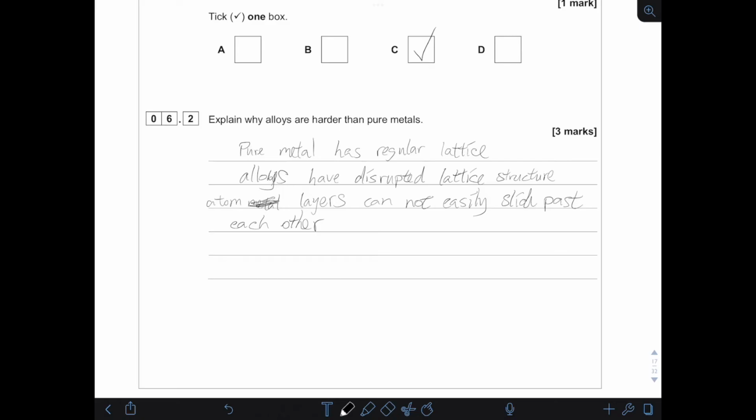So that's why they have a harder texture essentially.